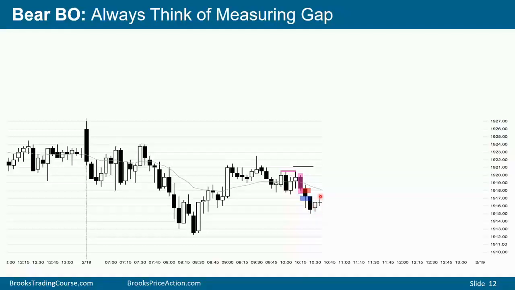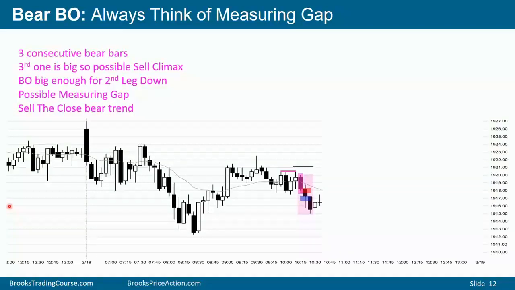Therefore, this reversal up probably will fail. There probably will be more sellers than buyers at the high of this bar. Possible measuring gap, we have a wedge bull flag, a bear breakout, 3 consecutive bear bars, possibly a measured move down.